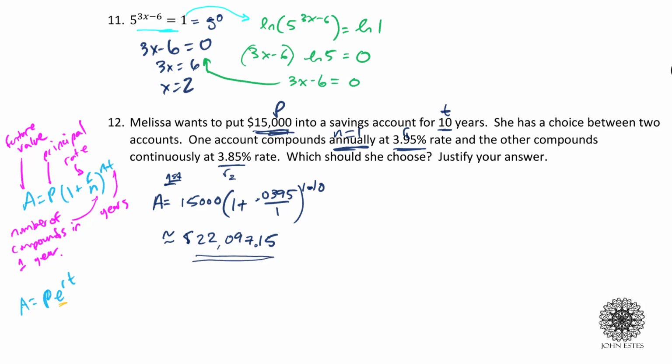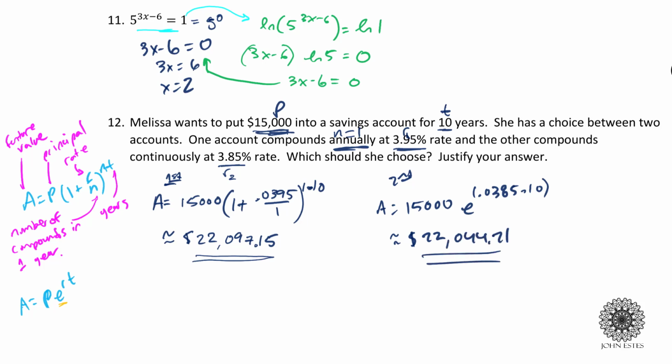All right, let's see about the second one. For the second account, it's continuously compounded, so I say 15,000 e to the rate of 0.0385 times 10. Okay, and I'm going to carefully plug that into my calculator, and when I do, I should get approximately $22,044.21, which is not bad as well.